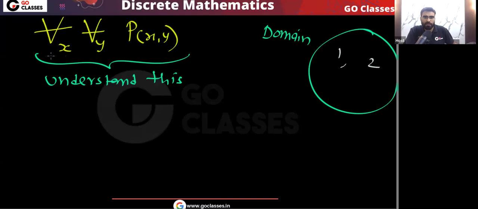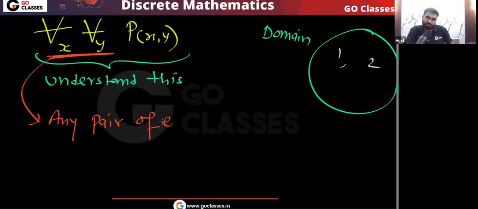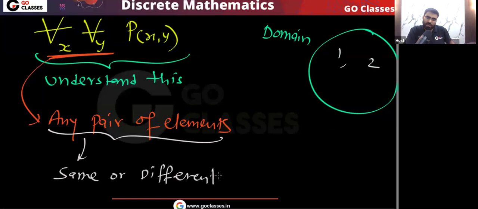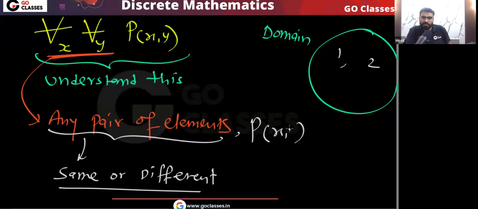Now remember, for all x, for all y means for any two elements, any pair you take. Any pair of elements, and they can be the same or different. Basically, for all pairs, P of x, y must be true.